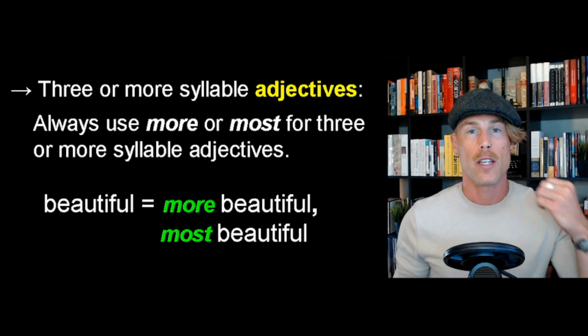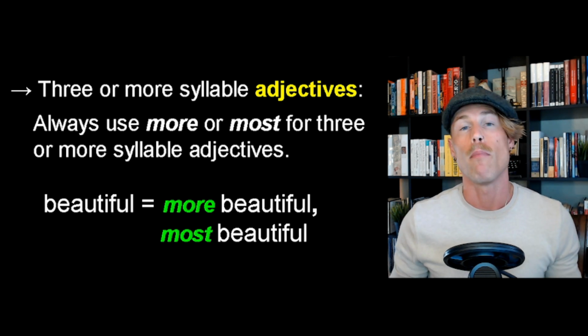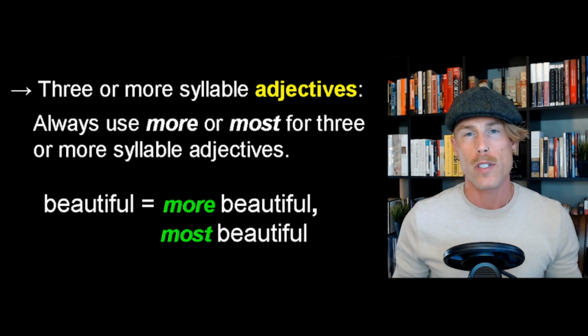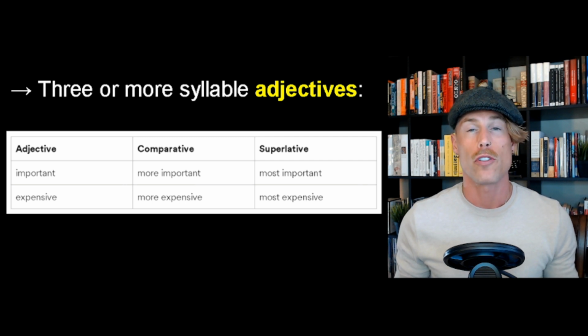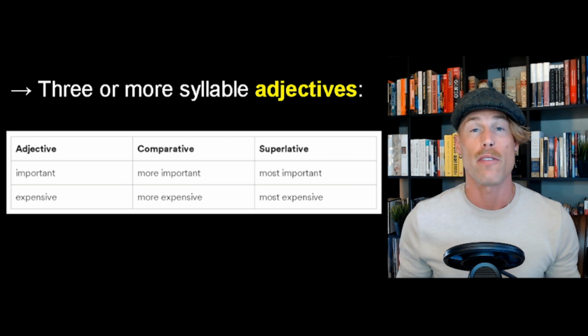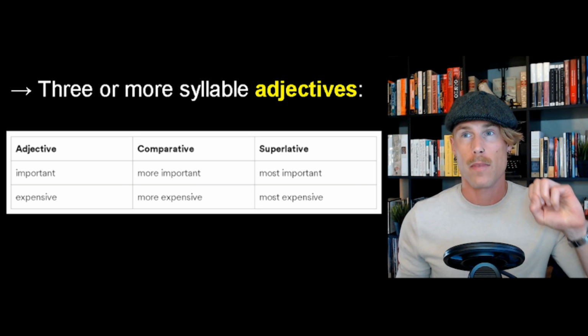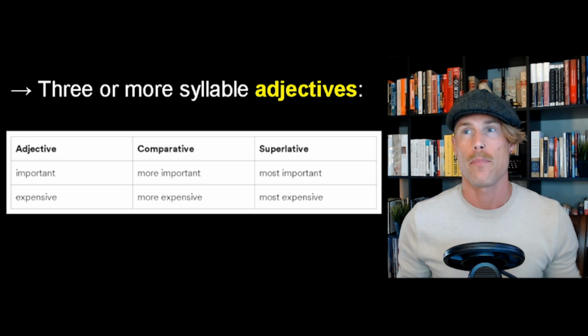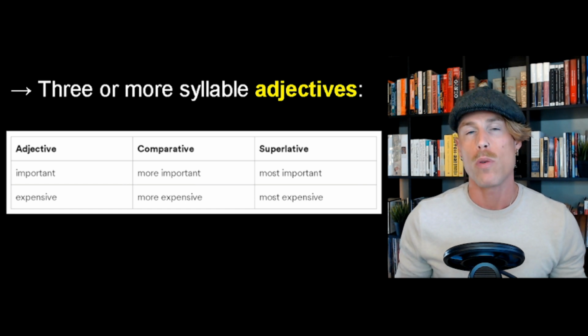Beautiful. Beautiful, 3 syllables. More beautiful, most beautiful. Here's a small chart for 2 more adjectives with 3 or more syllables. Important, expensive. More important, more expensive, most important, most expensive.